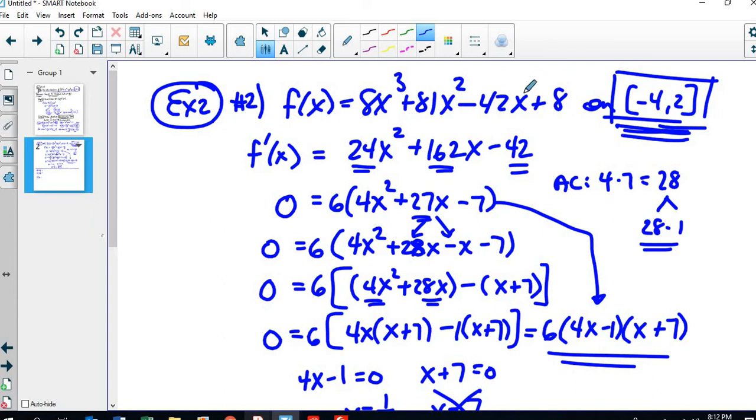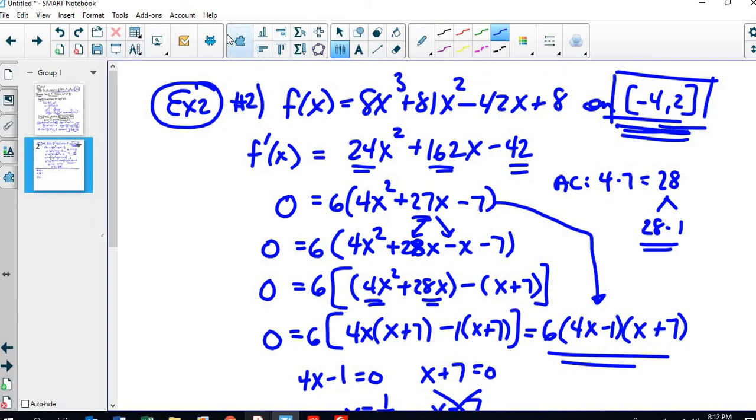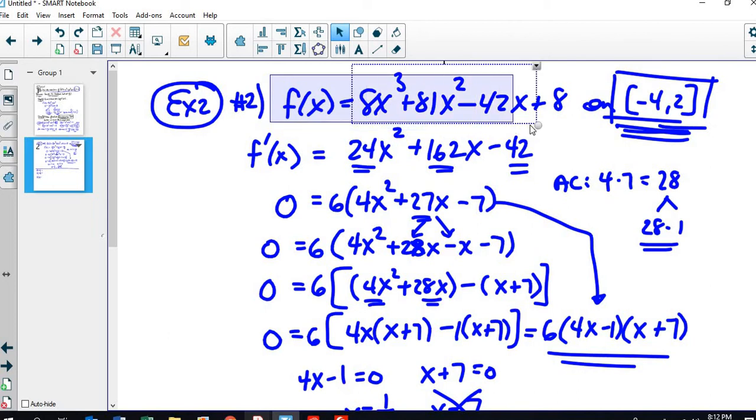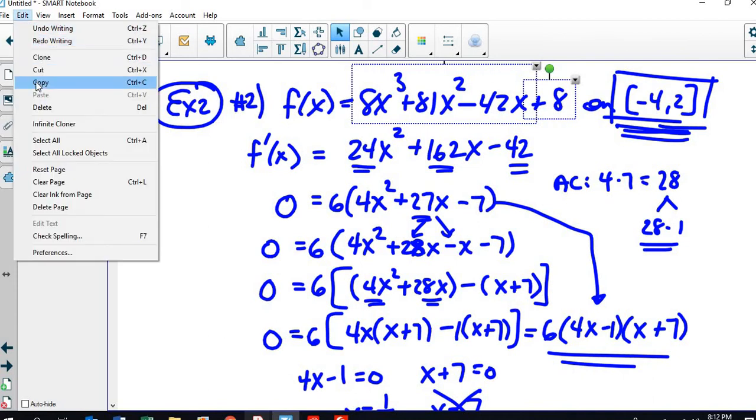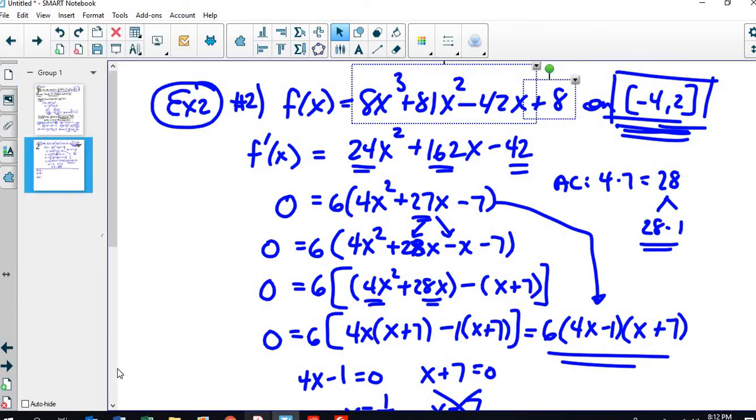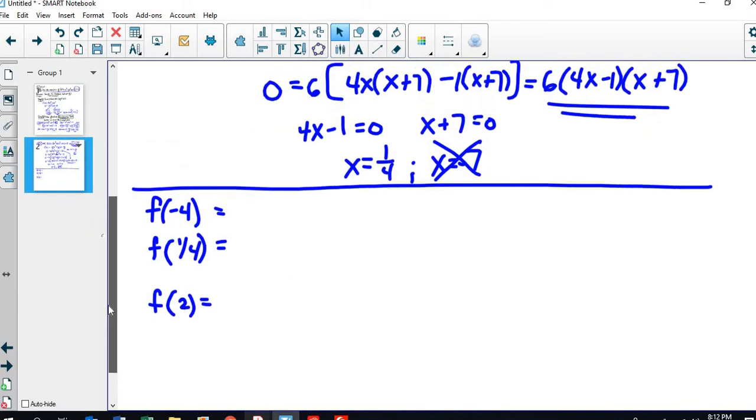All right, so we got this big function here. I'm going to try to make this a little bit easier to follow what I'm doing. Let's select this guy here. Let's cut it, copy it, and take it to the bottom so I can see what I'm doing without jumping back and forth all the time.